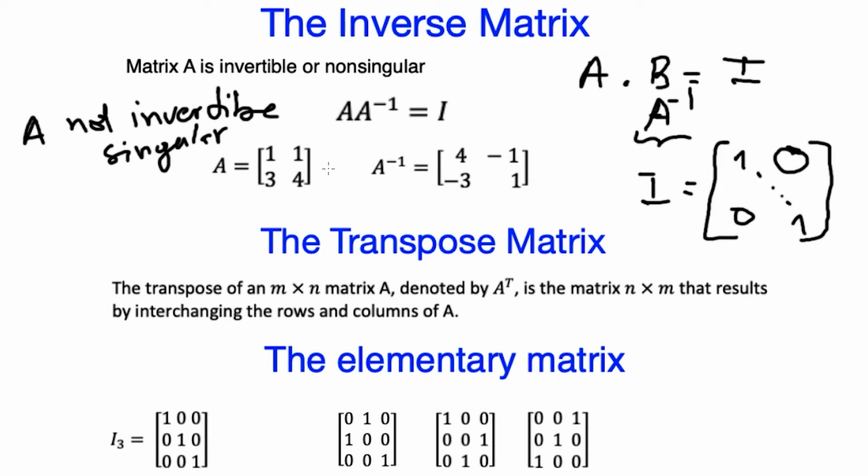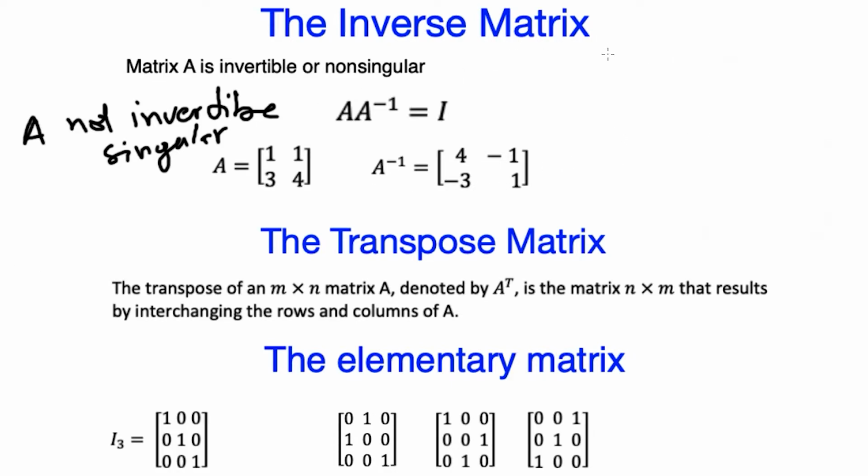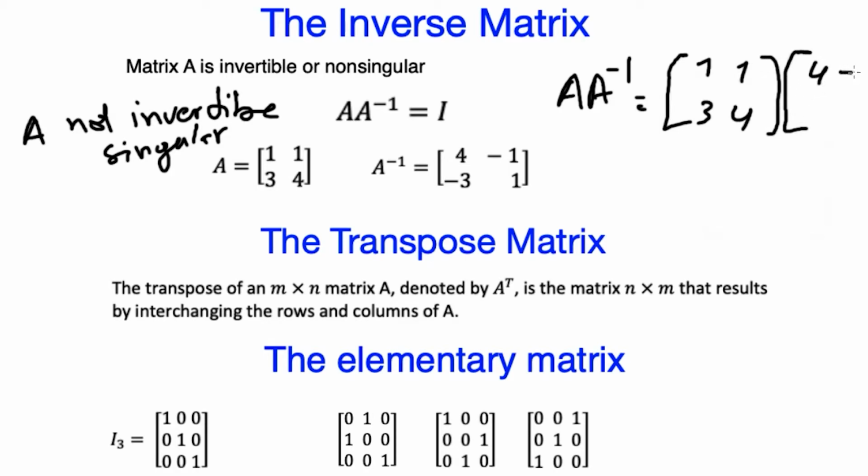Now here is an example of an invertible matrix A and its inverse. When we multiply A by A minus 1, so here 1, 1, 3, 4, times 4, minus 1, minus 3, 1, we take this row times this column, which is 1 times 4, which is 4, and 1 times minus 3, which is minus 3.